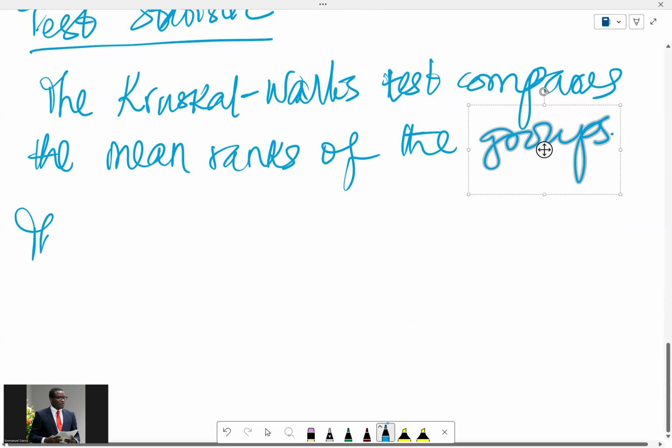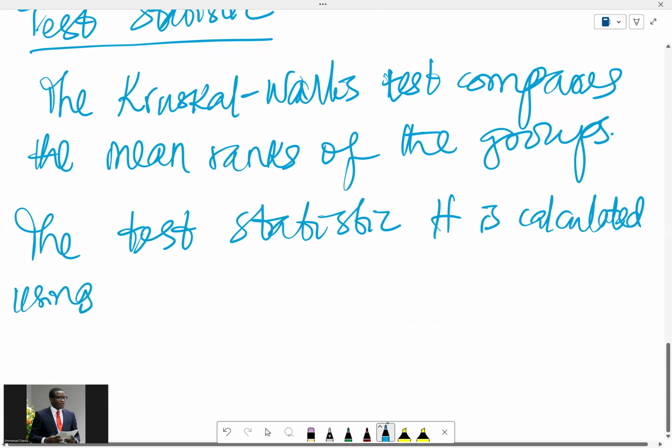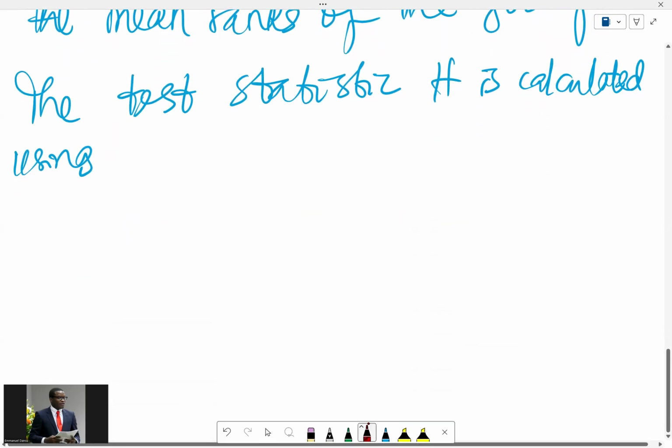So the test statistic H is calculated using this nice formula.